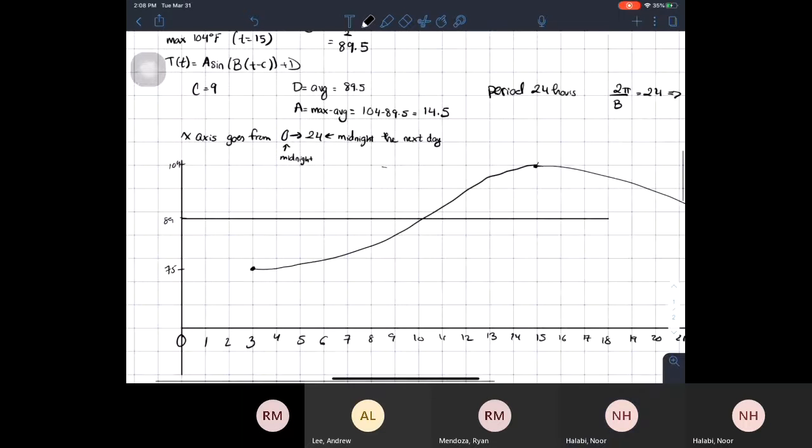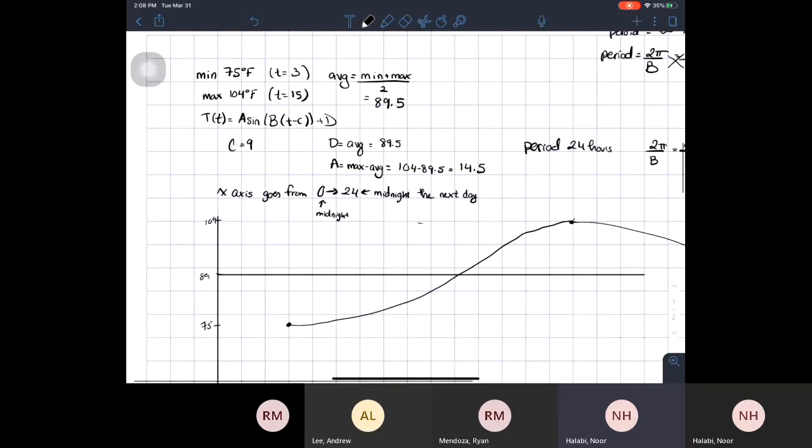So just like the last problem, D would be the average. Here I figured out the average by minimum plus maximum divided by 2, because they only gave us 2 values. Unlike the other problem, where I added every single value and divided by 12, because there were 12 months.